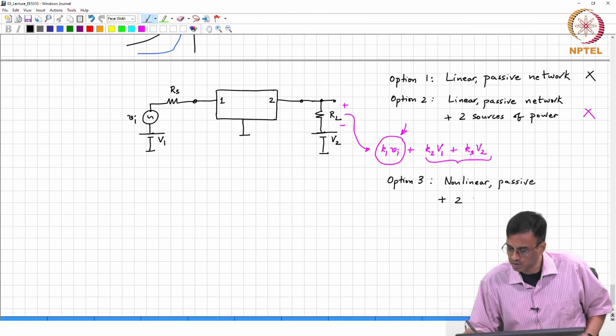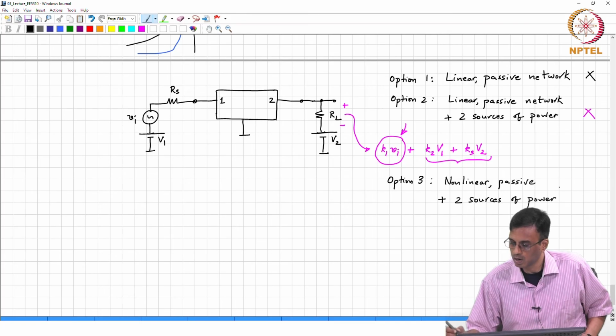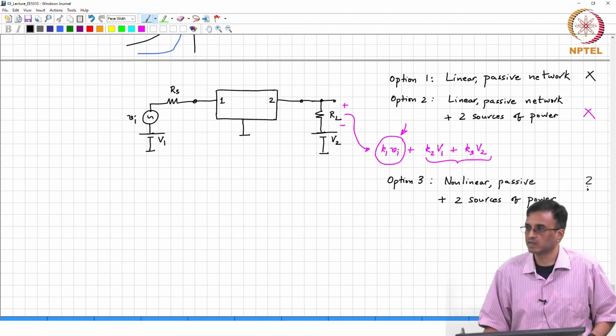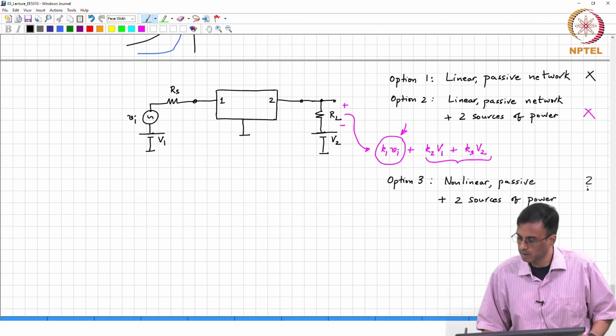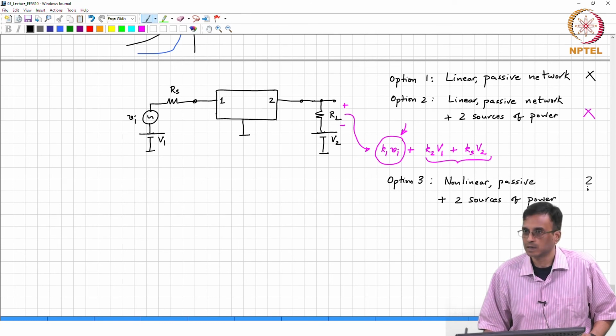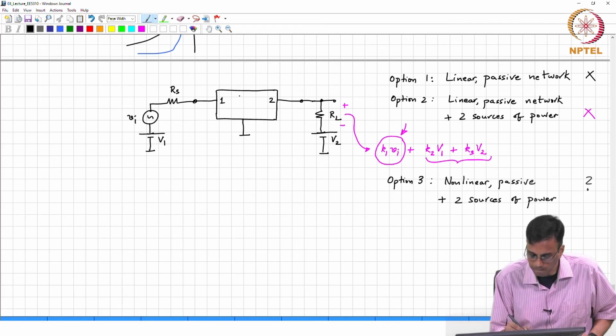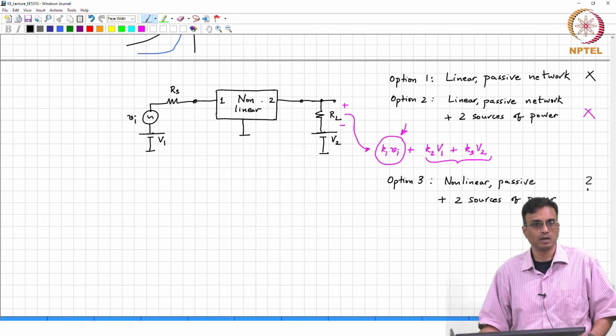So, the only other choice we have is 2 sources of power. We still do not know if this will work, but at least we have to investigate. Does it make sense? So, this therefore has to be a non-linear 2 port.